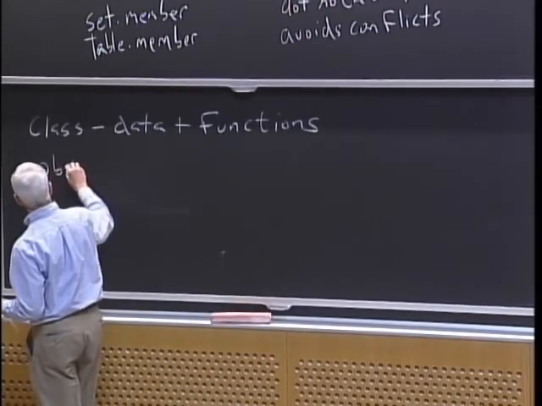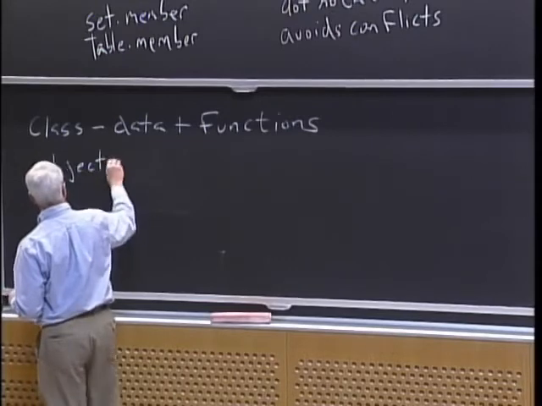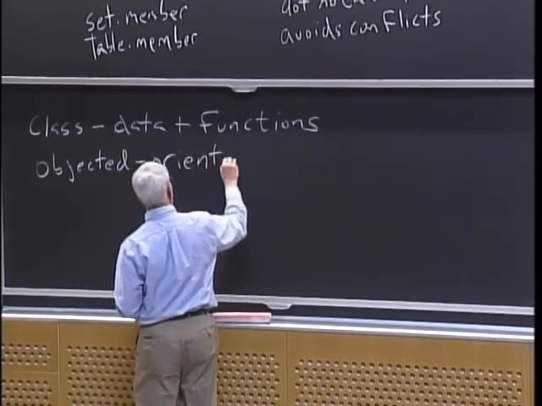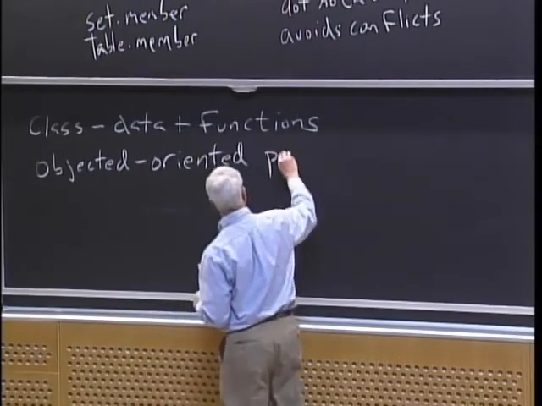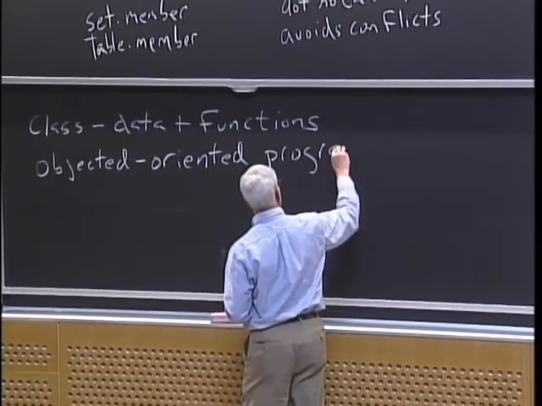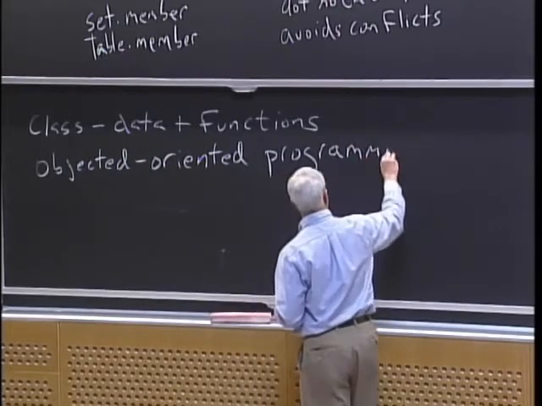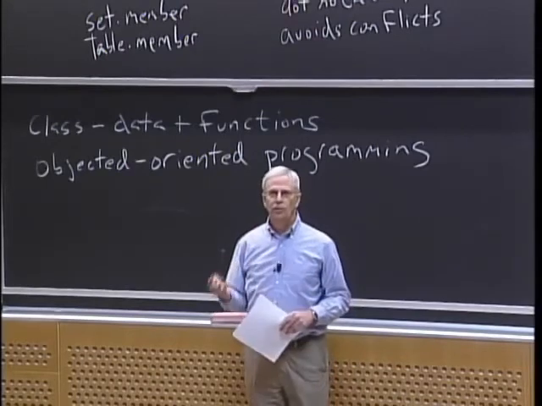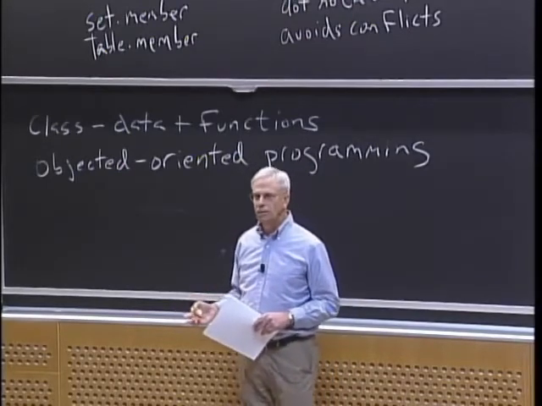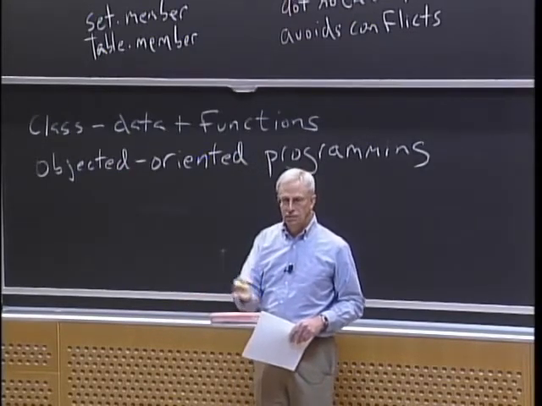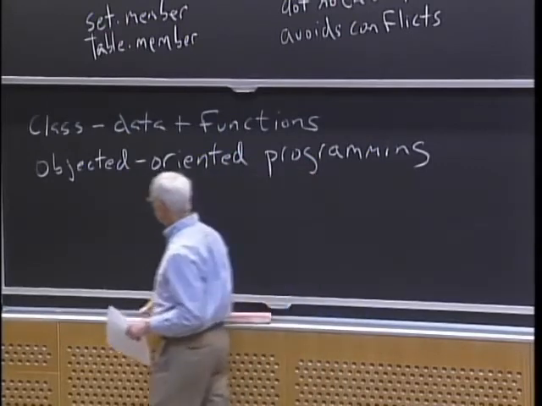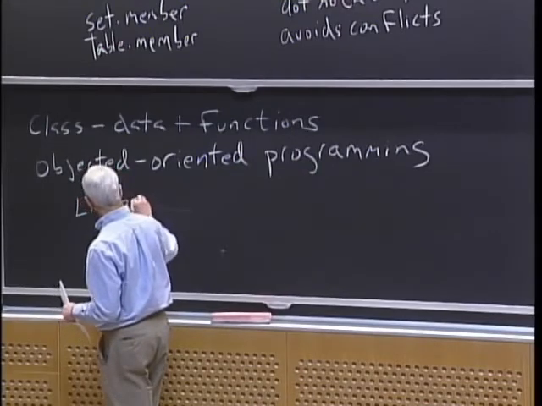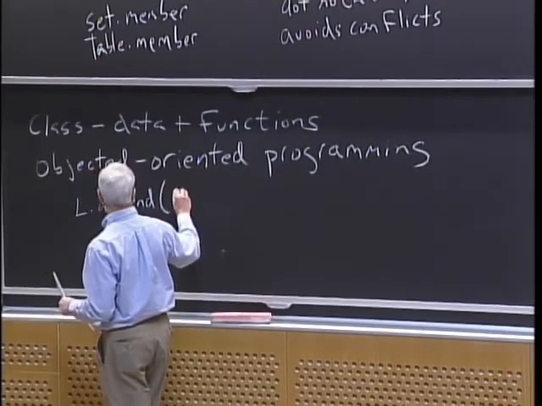And this is really the key to what people call object-oriented programming, a very popular buzzword. So we've already seen that kind of thing, where if we pass a list from one function to another, we can write something like L.append, some value.